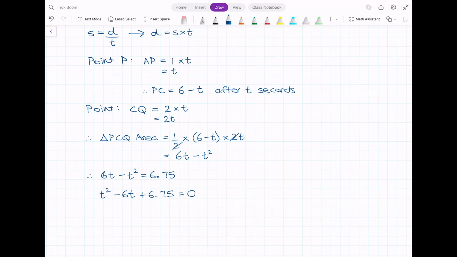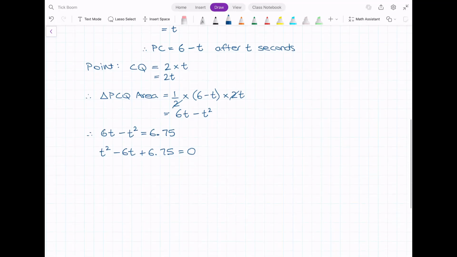Given we've got this decimal here, my instinct says let's just go straight to the quadratic formula. So we'll go t is equal to negative b, which would be negative 6, or 6, plus or minus the square root of b squared, negative 6 squared, minus 4 times a, which is 1, times c, which is 6.75.